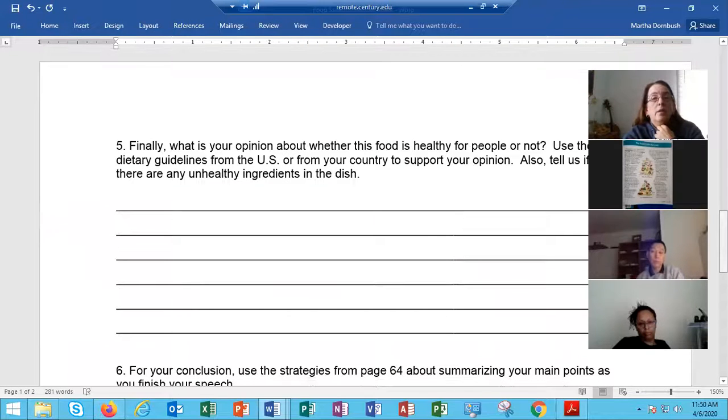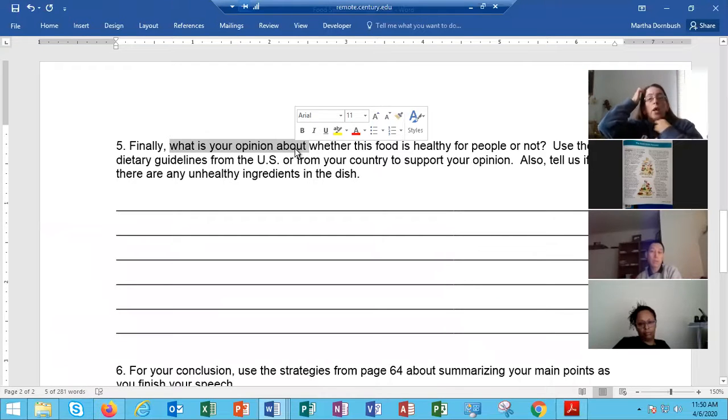Then you're going to make a kind of a conclusion about, based on all the nutrition you found, is this food healthy or not? Now, you do not have to share about a healthy food. I have a lot of students who share about a food that's very high calorie and very much fat, or very much sugar, but it's a special food that they only eat on a holiday once or twice a year.